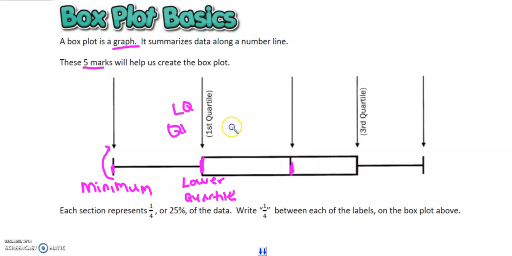The third line is going to be called the median, just like we talked about the median the other day. Median is the middle. Our fourth marking is going to be called the upper quartile.